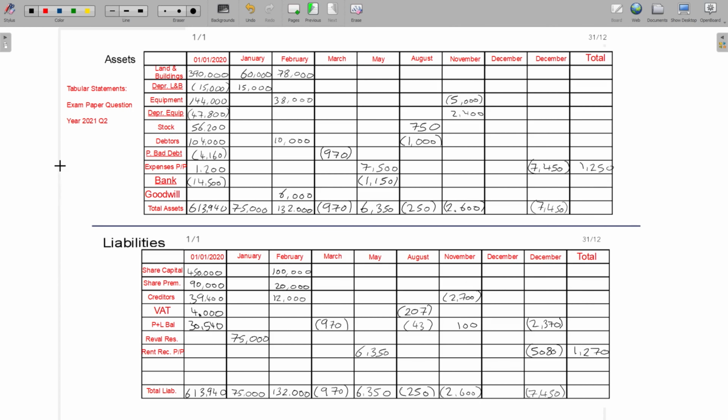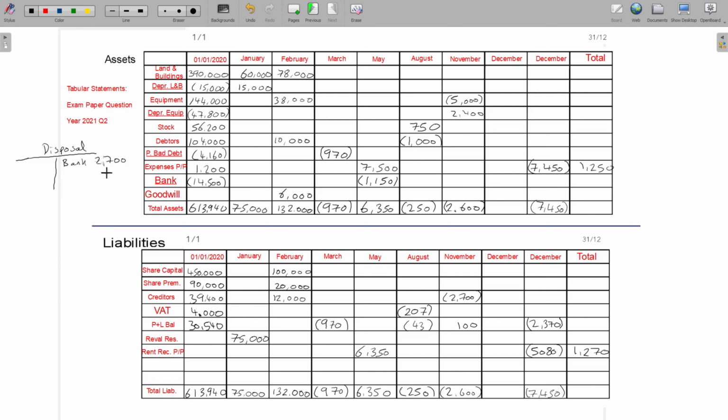Well, if you look at our disposal account, we would have received 2,700. So this is our disposal account.